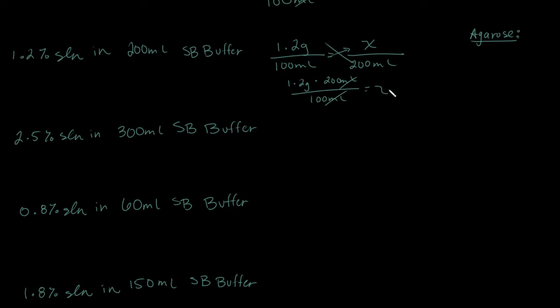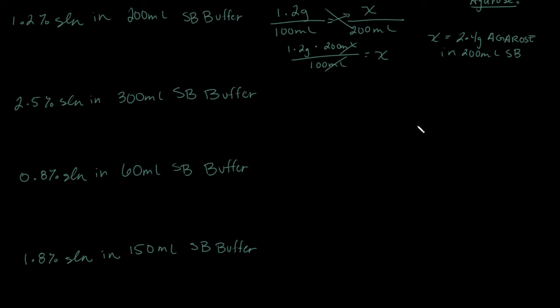Cancel. Is equal to X. X is equal to 2.4 grams of agarose in 200 milliliters of SB buffer. So your answer in the end is the only thing that's changed. Not too shabby, right?